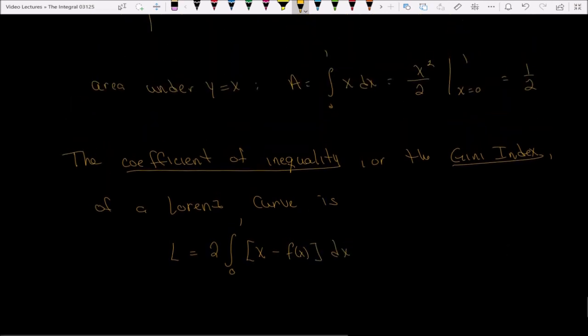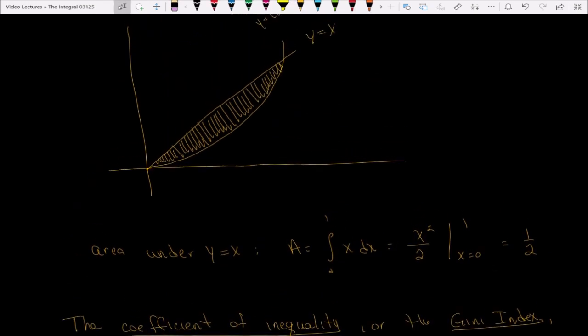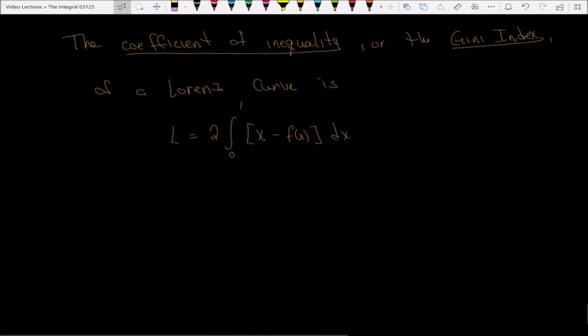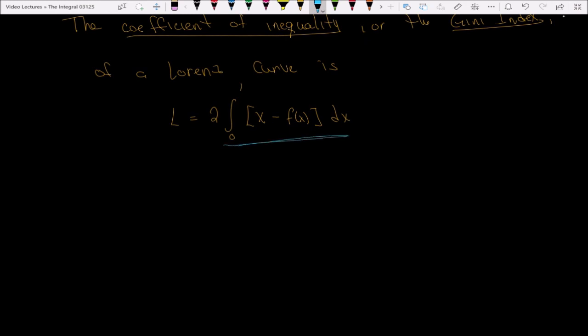Right? It's the area between x and f of x, which was this piece right here, divided by 1/2. Now, the smaller this number is, the more equally distributed the income is among a population. The larger it is, the less equally distributed the income is among the population.